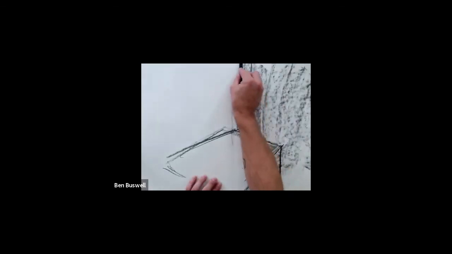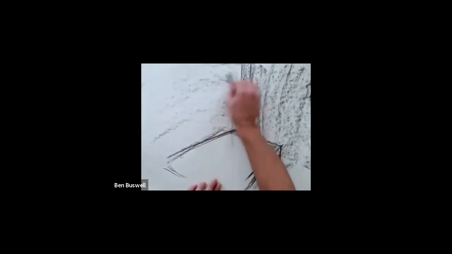This left-hand wall over here is actually a little bit darker than the tabletop, which is where most of the light is right here. So you can already see, in literally less than a minute, I already have a sense of the space knocked out through a little bit of line work and a little bit of value work.